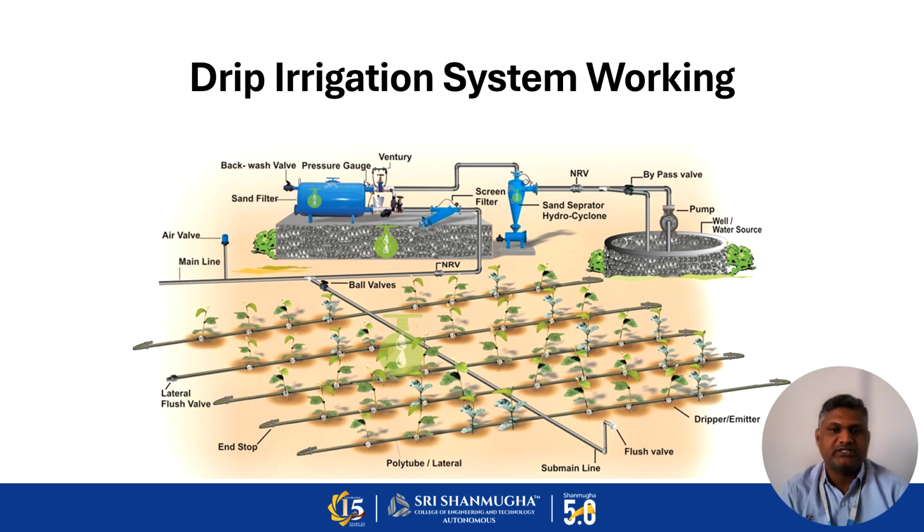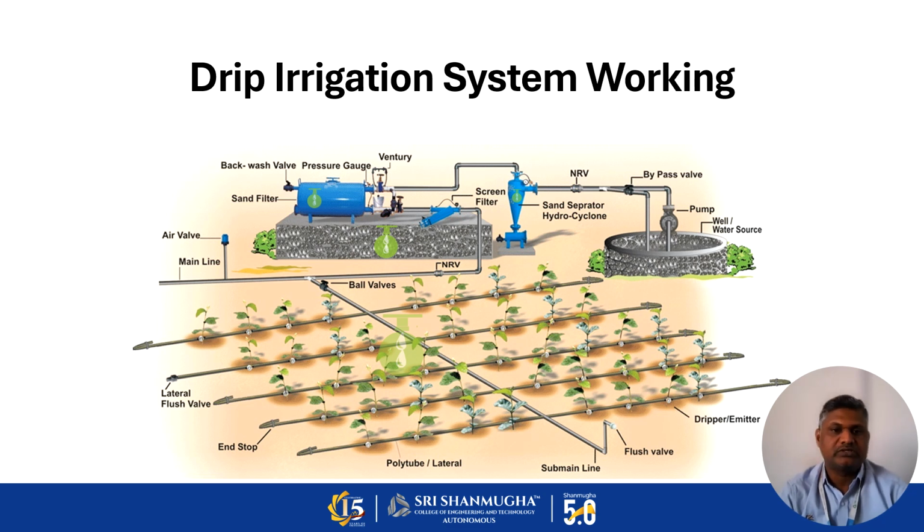The screen filter consists of screens inside the structure, and it filters the small chemical immobile particles so that they may not enter the drip irrigation system. Then again we fix a non-return valve, then the main line, sub main line, and laterals with emitters are fixed here, and it works as a pressurized irrigation system.